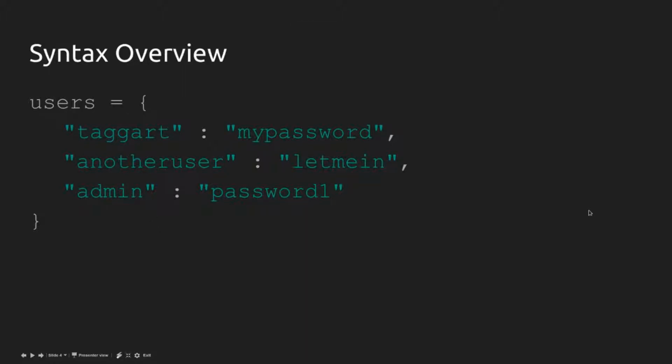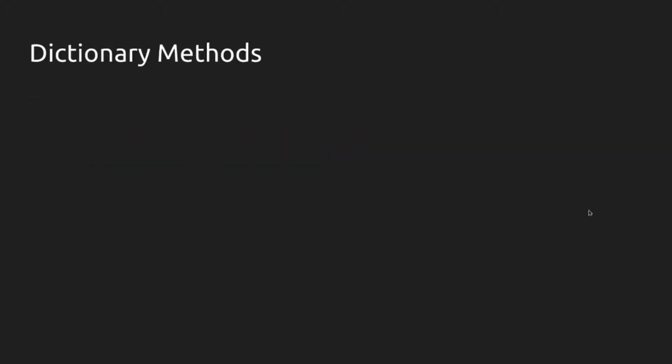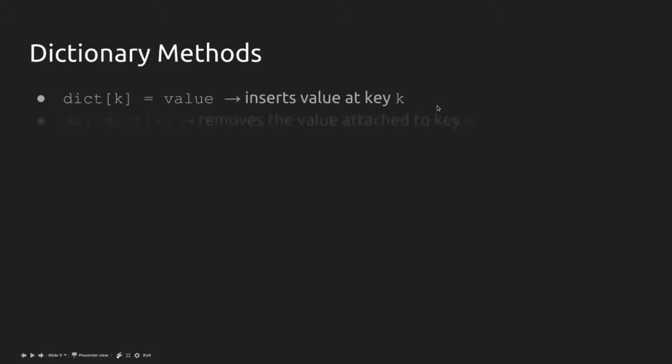So let's look at some of the ways that we can use dictionaries. So dictionary square brackets again, and the key, rather than the index, will produce the value. But if we say the dictionary of a new key equals value, that will insert the value at key k.